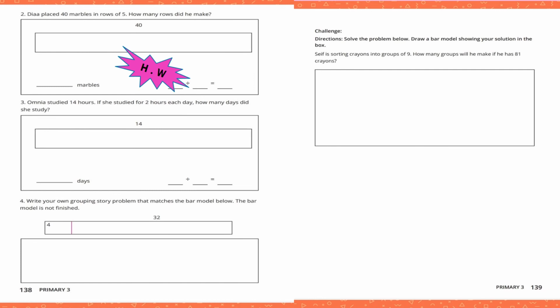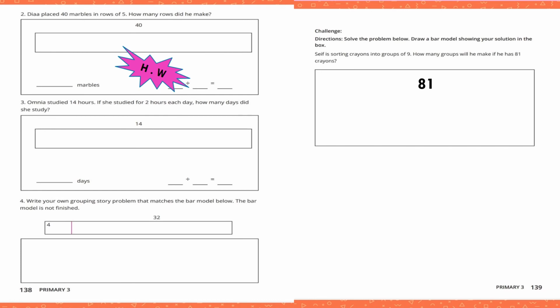Page 139. Challenge. Saif is sorting crayons into groups of 9. How many groups will he make if he has 81 crayons? So the total number of crayons equals 81.